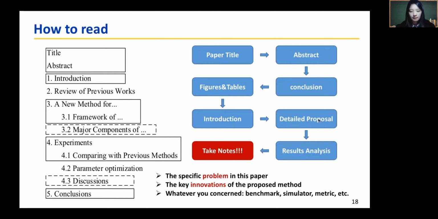For example, the specific problem this paper wants to solve, the key innovation of the scheme proposed in the paper, and anything we are concerned about, the benchmark they use, the simulator they use, and maybe the simulation setup, and also the metric they use in their paper, and so on. And next time we want to read this paper, we just read the notes we wrote, which is easier to understand.